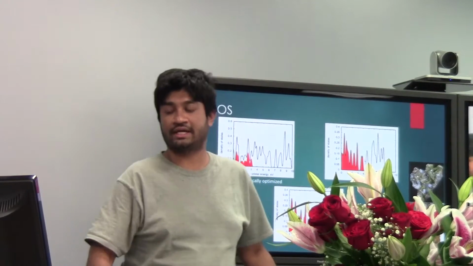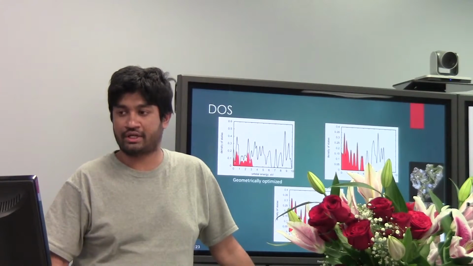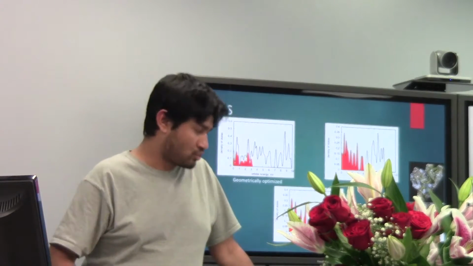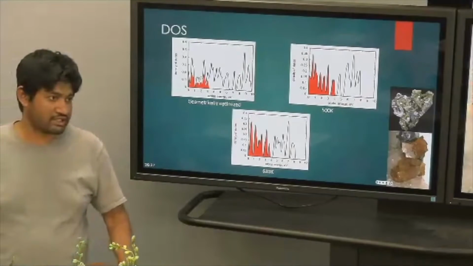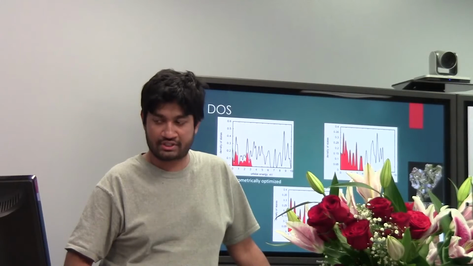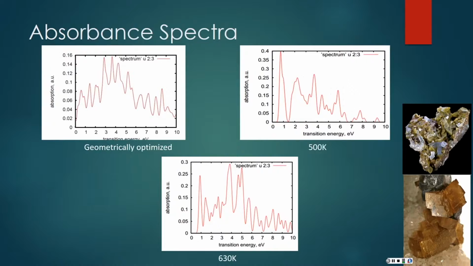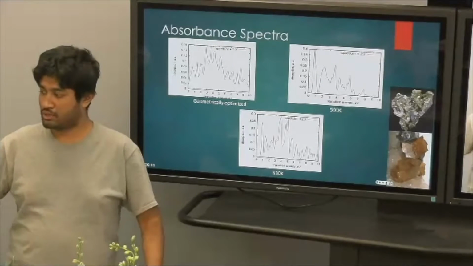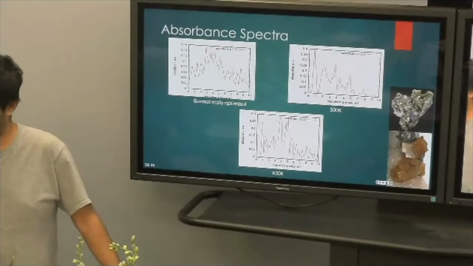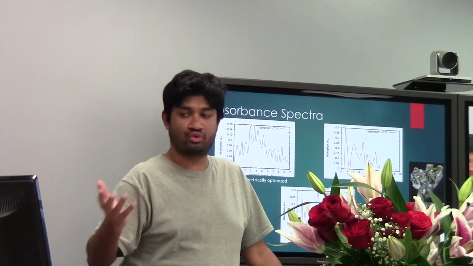If you look at that, the number of orbitals contributed by the iron d orbitals should be 5 for the singlet ones, and 10 for the spin polarization, and also for 630 Kelvin. And if you look at the absorbance spectra of siderite, the most important thing to do here is the spin polarization, and I have a plan to do it in the future.